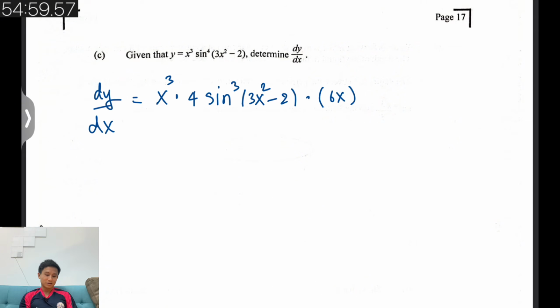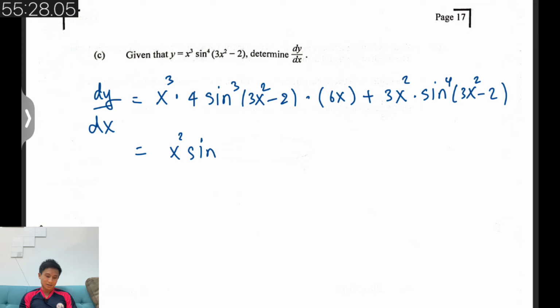And we multiply this, so that's why I get 6x here. That's the u dv, plus v du. Differentiating that is 3x squared, and we keep sine to the 4 unchanged. And that's it. If we simplify all that, if I take x squared out, I have 3x squared minus 2, and then in brackets that would be 4x.